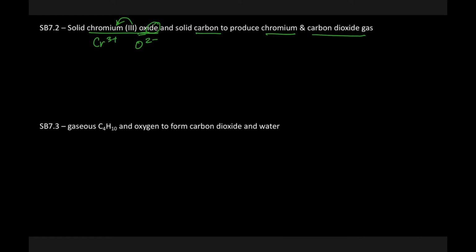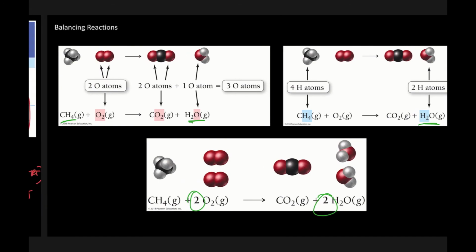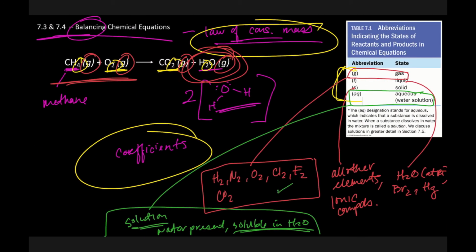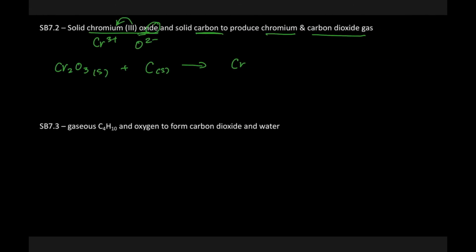So we have Cr2O3 solid, plus solid carbon, to produce chromium. Chromium is an element that is not one of the gases or liquids, which means it's a solid, and it's a metal. And CO2 gas. Now we just need to balance using coefficients.